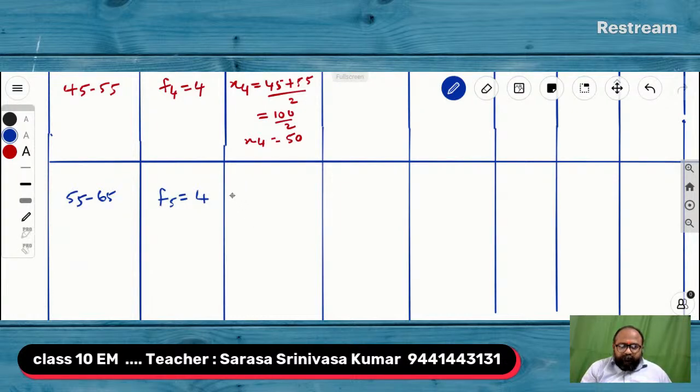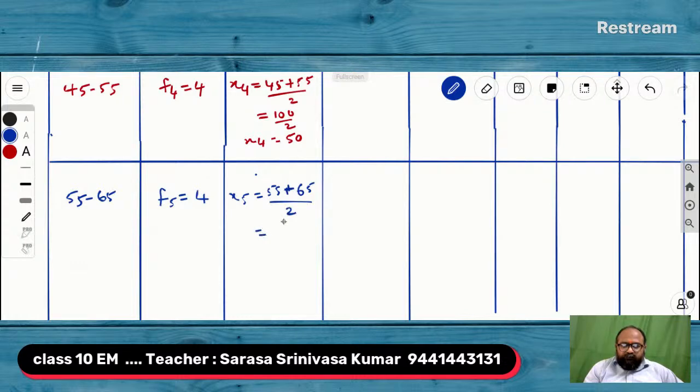Now x5 equals lower limit plus upper limit by 2. 55 plus 65 by 2.